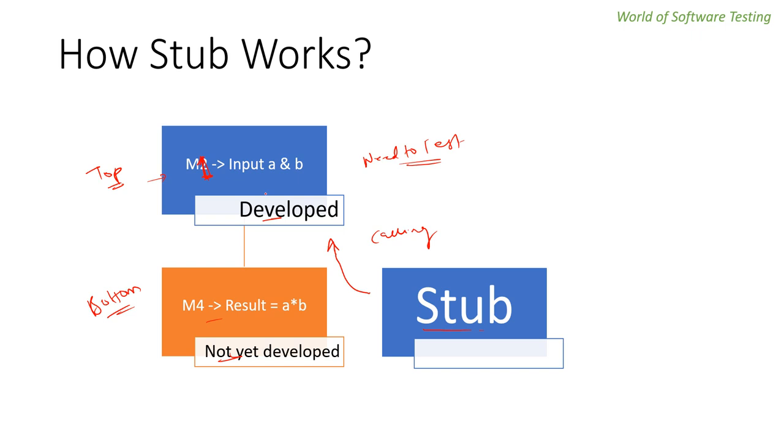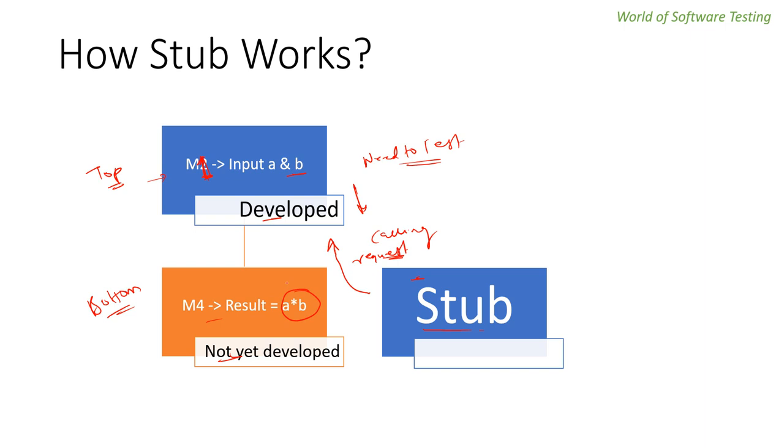So we pass the inputs or request, that is input A and B, from the M1 module to the stub, and then the stub has the dummy program which provides the result in terms of the M4 module.